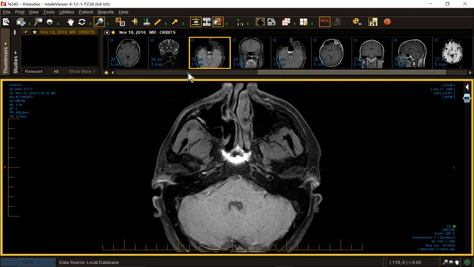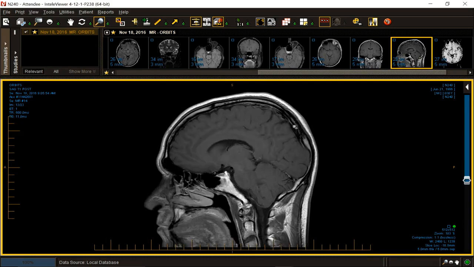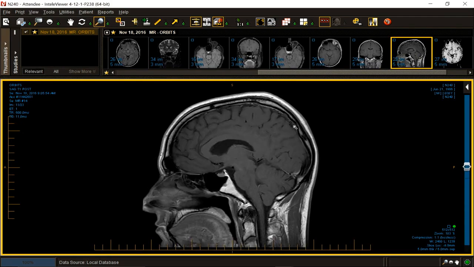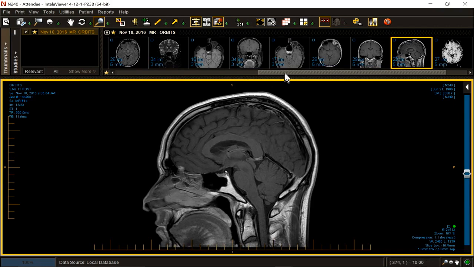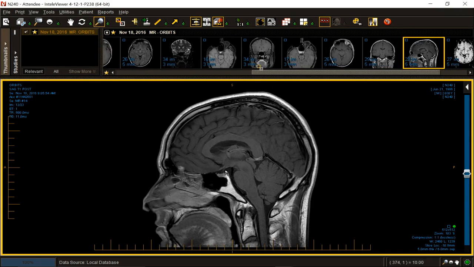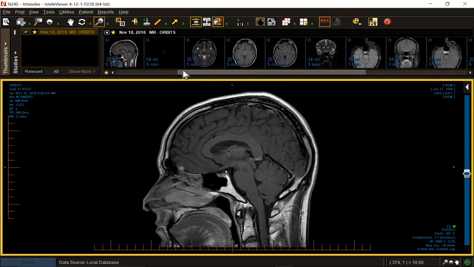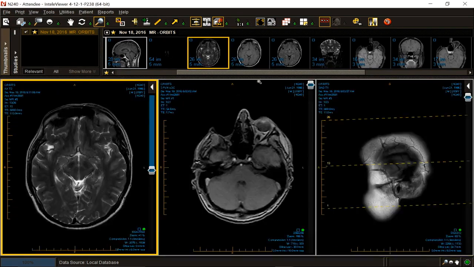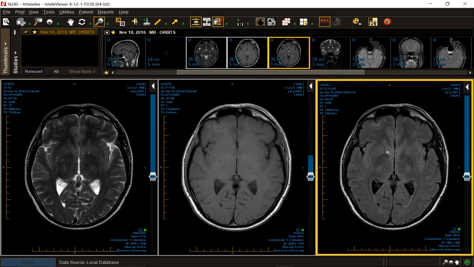Since we know we're on globe, I will blow past my sagittal, although I would normally take a quick pass through it. And this is one for you to solve. So solve. While you're solving, I'm going to make sure there aren't any weird extraneous findings.